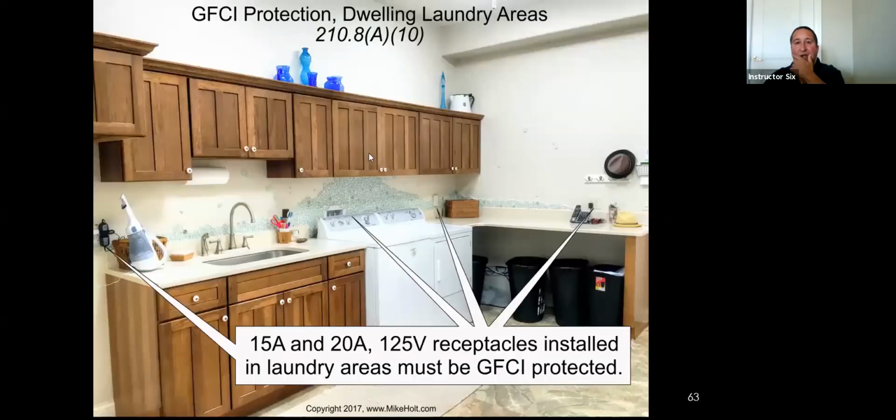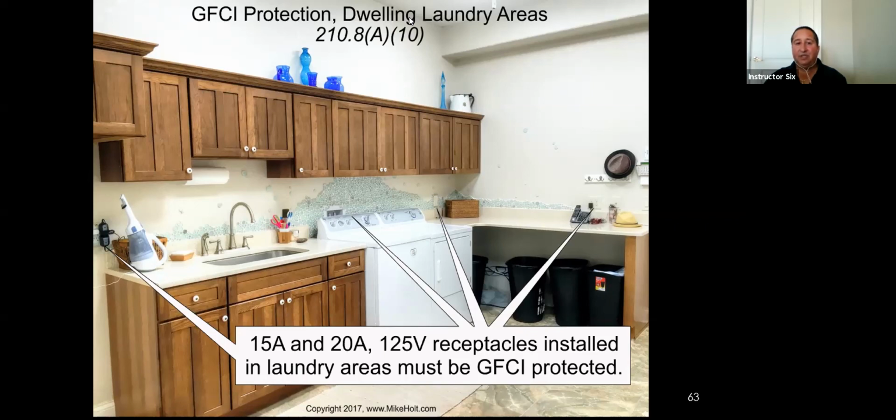And again, in 210.8(A)(10), all laundry areas, anything in the laundry area, not the sink, but in the laundry area, must be GFCI protected now. Okay, any receptacle installed in that area, and this is a whole area, not a room, but an area, must be GFCI protected.